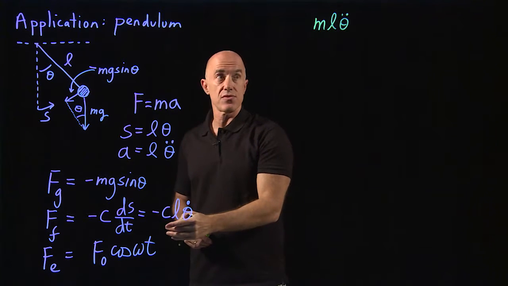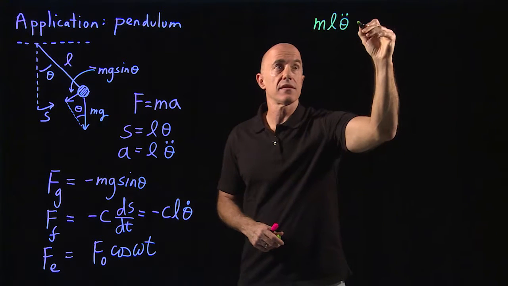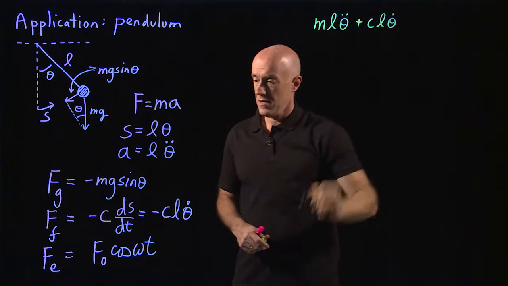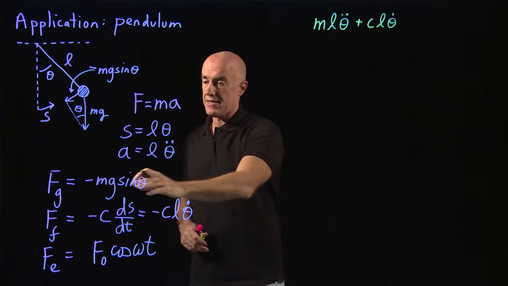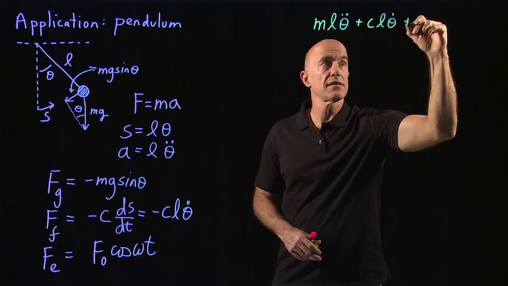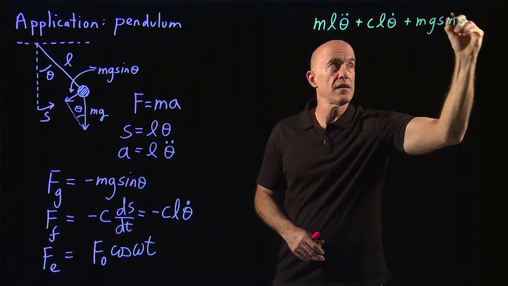So we bring it to the left-hand side, so plus cL theta dot. And then we have gravity on the right-hand side, minus mg sine theta, we bring to the left, plus mg sine theta.